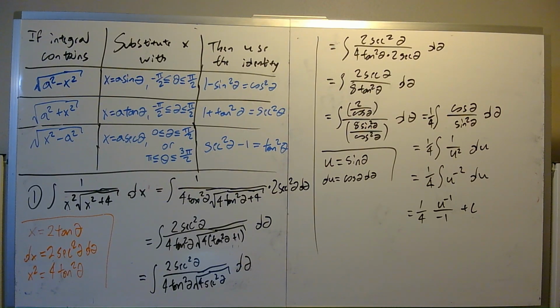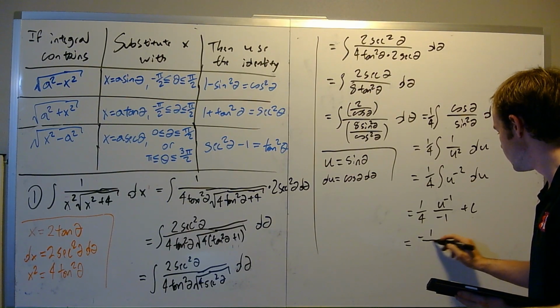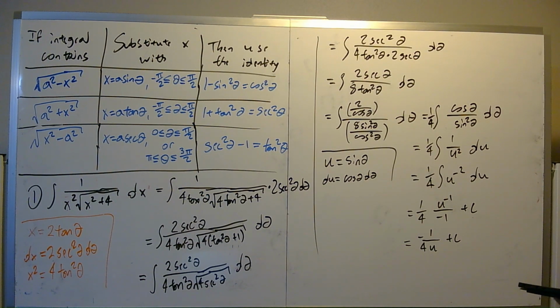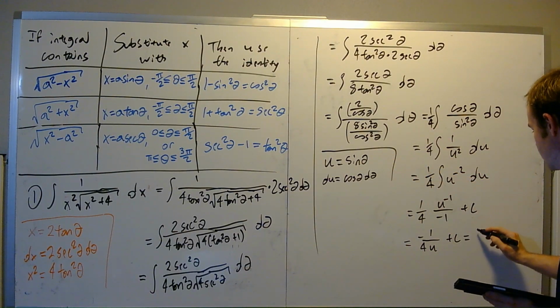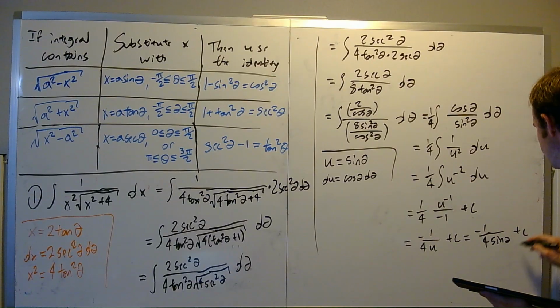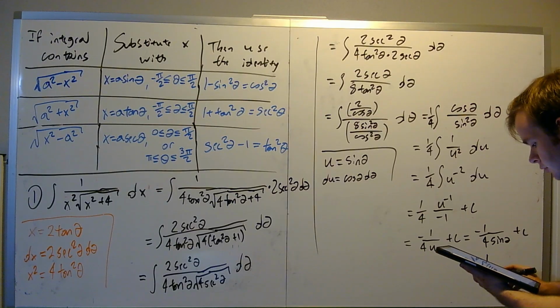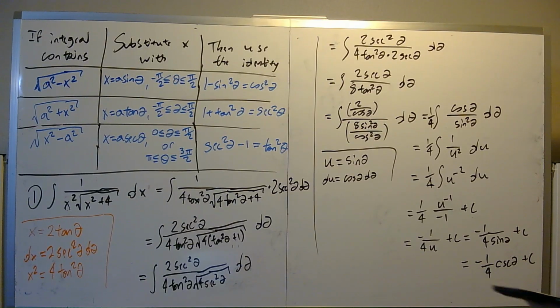Okay. U to the -1 is the same thing as 1 over u, so we're going to get -1 over 4u plus c. And u, we said, was sine theta, so we get -1 over 4 sine theta plus c, which is the same thing as -1/4 cosecant theta plus c. Alright, so that looks like our final answer.